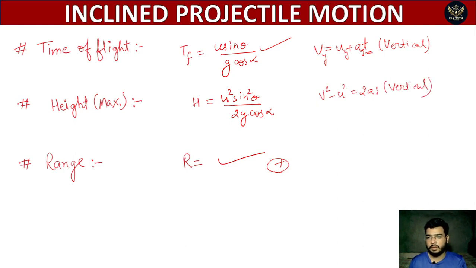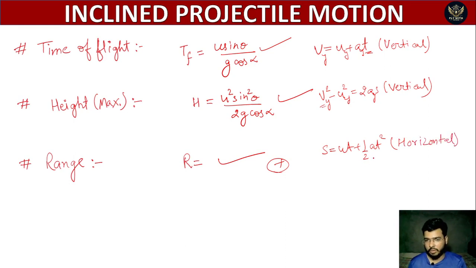So in the vertical direction, this one is ay, this one is uy, this one is vy, which is 0. This one is u sin theta, this one is minus g cos alpha, and s is h. So you will get the same value of h. But for the case of range, here you will use s equals ut plus half at square, and this one becomes horizontal.